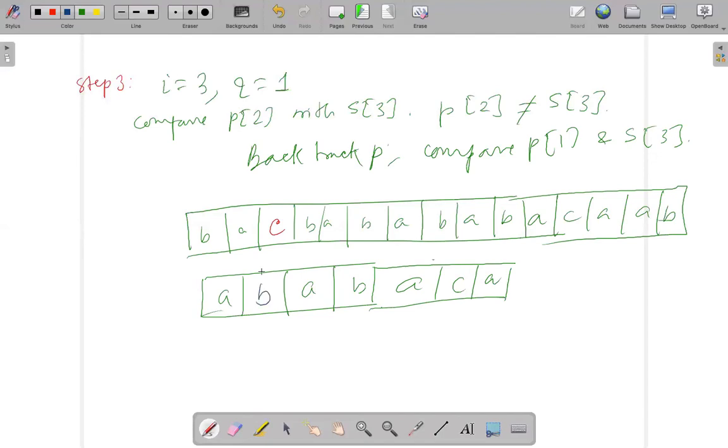So this is a mismatch here. And now we therefore backtrack and compare with S3.